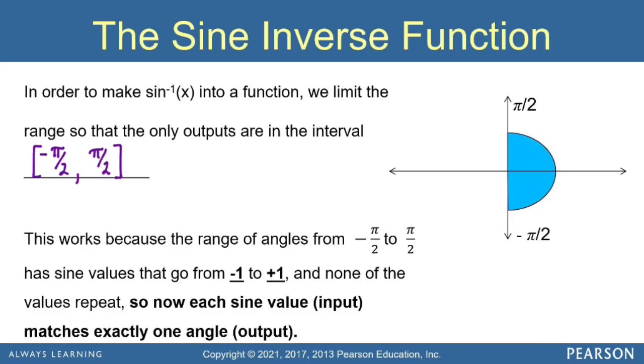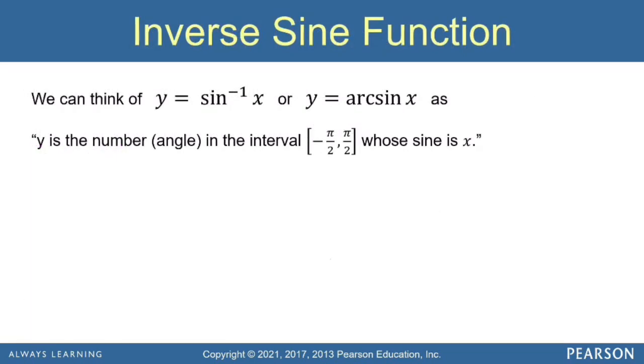And now each sine value or input matches exactly one angle or output, and that makes sine inverse of x into a function. So now, whenever you see y equals sine inverse of x or y equals arc sine x, you can think of that as y is the number or angle in the interval from -π/2 to +π/2 whose sine value is x, whatever number you have here.